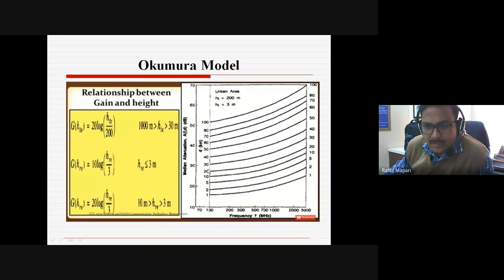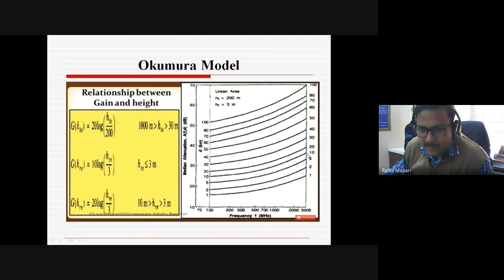In your problem, the frequency is mentioned and the distance between the transmitter and receiver antenna is mentioned. For example, the distance is 10 km. See the first y-axis, distance d in kilometers. So 10 km means this graph line.